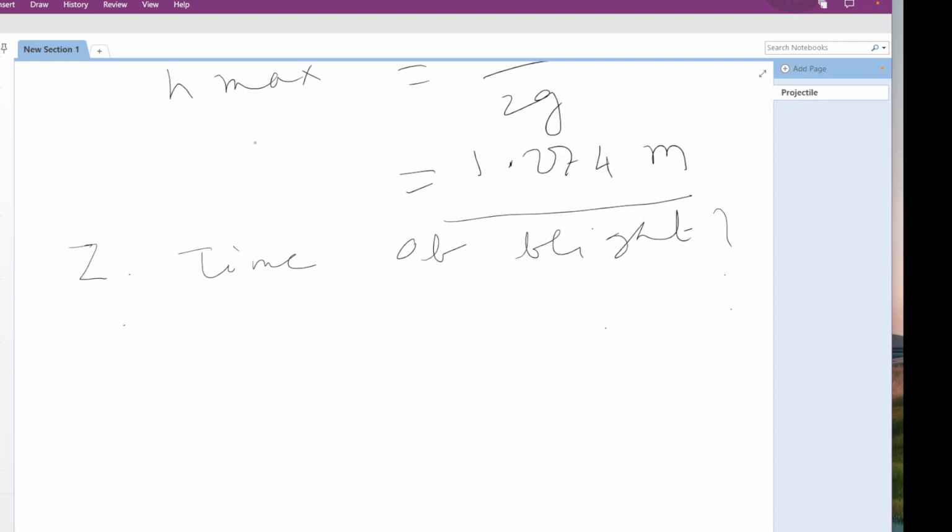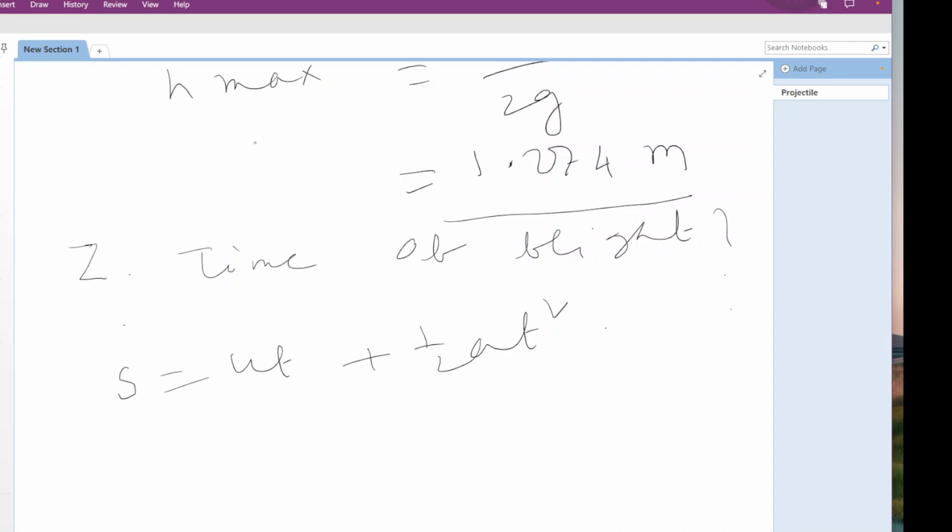Applying the equation of motion, s equals ut plus half at square.